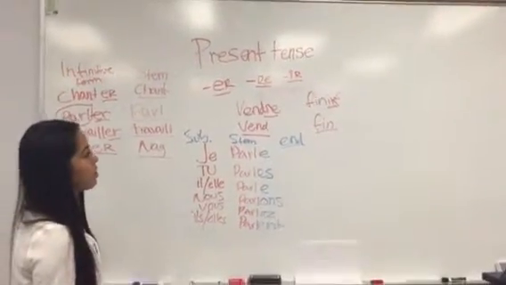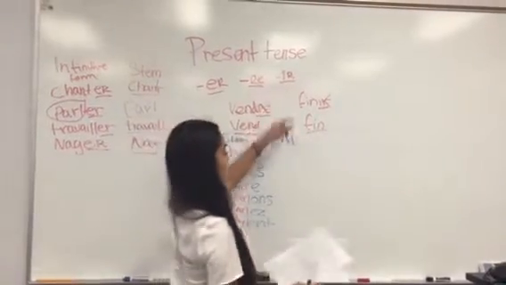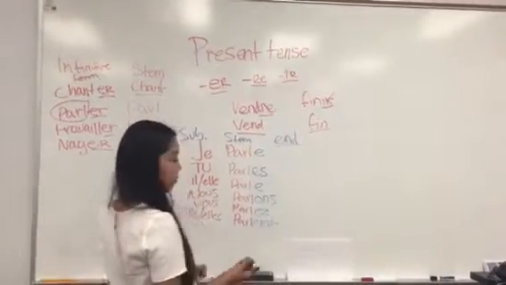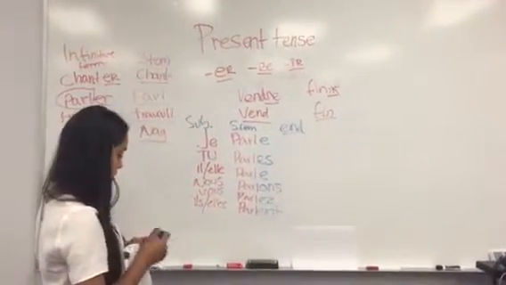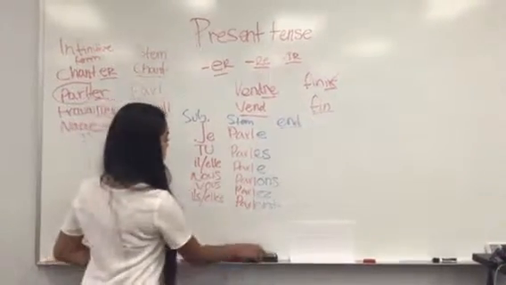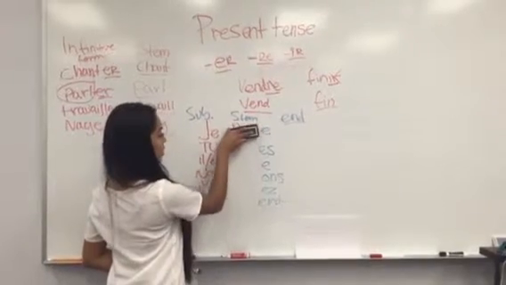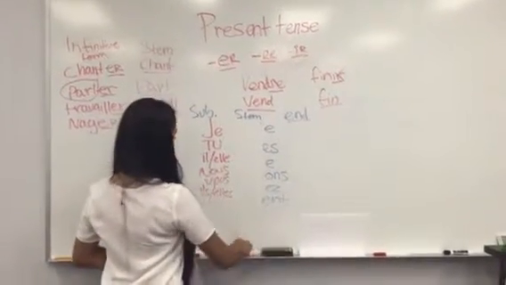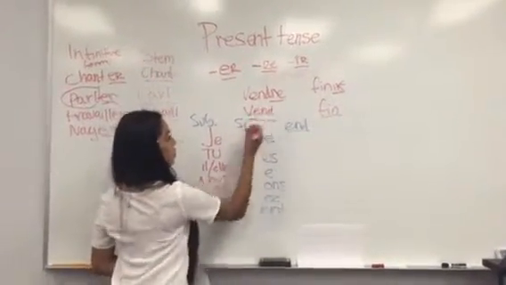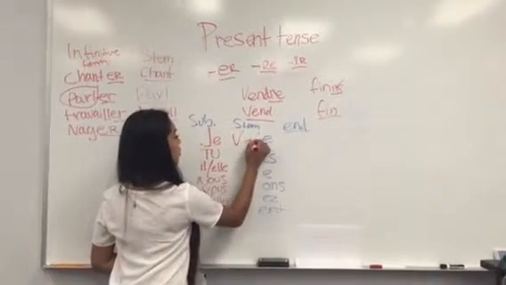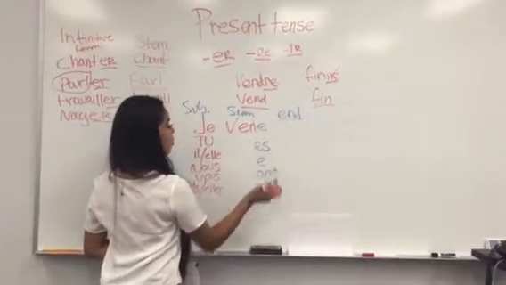It's basically the same thing for RE and for IR, but I'm just going to do it so you guys can see how I do it. I'm going to erase parle because we already did ER, and I'm going to replace it with vendre. Je vends.